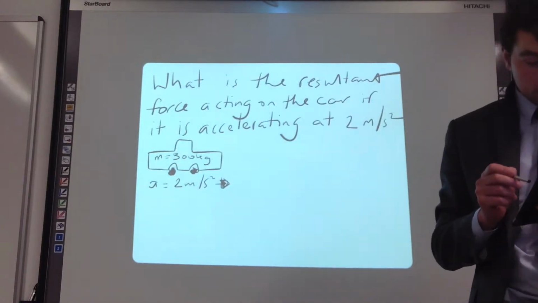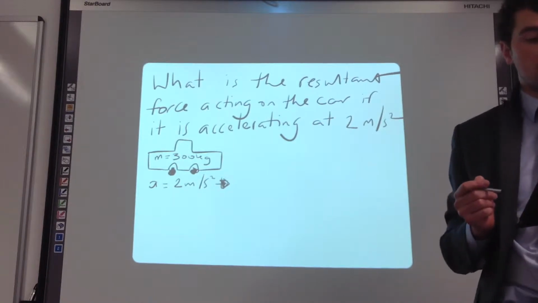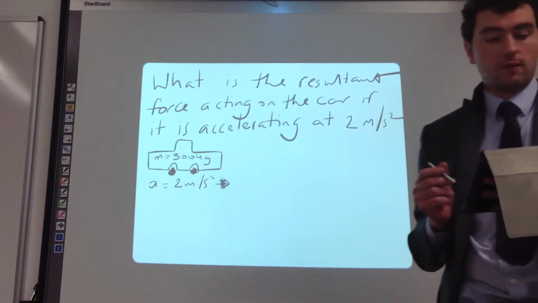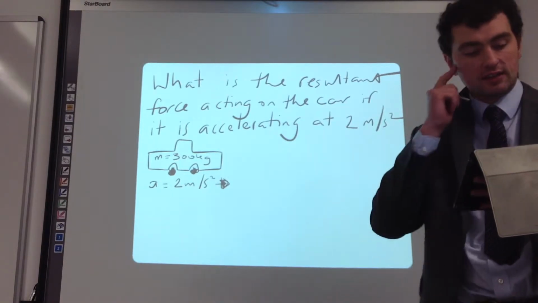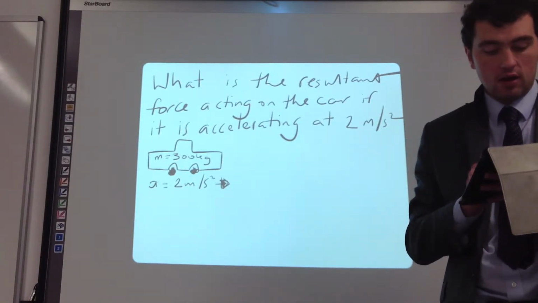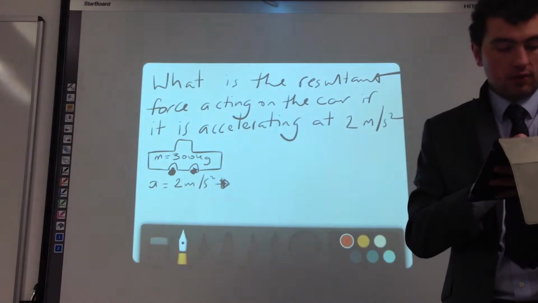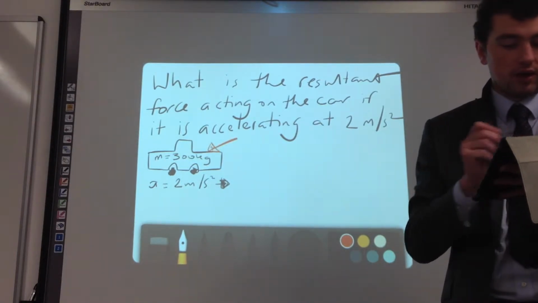Okay, so if I was to give you an example of one of these questions: what is the resultant force acting on a car if it is accelerating at 2 meters per second squared and the mass of the car is 300 kilograms?